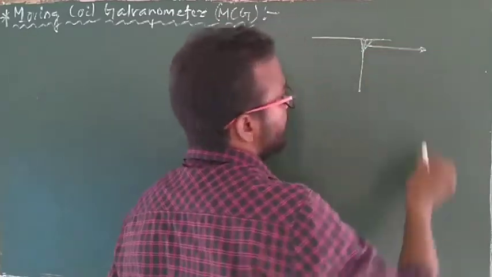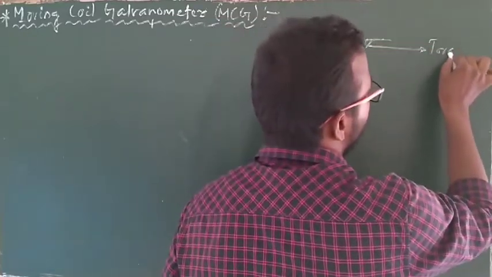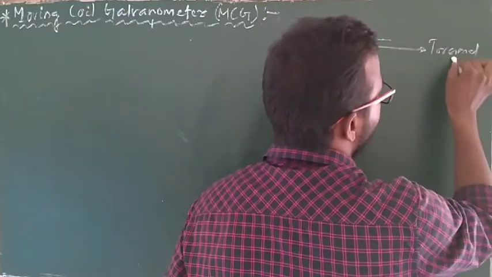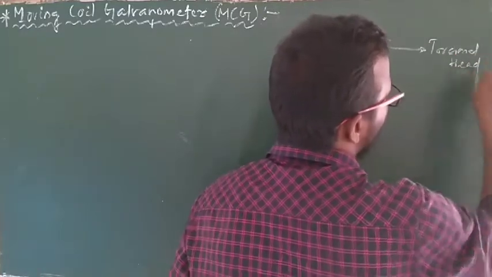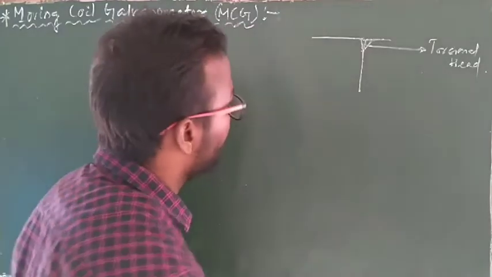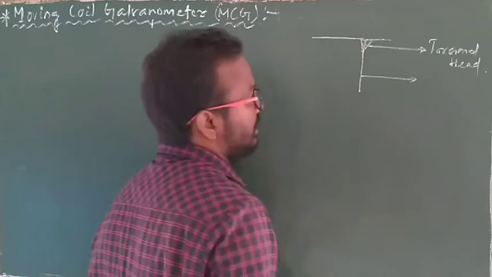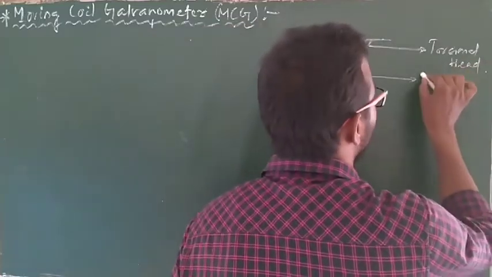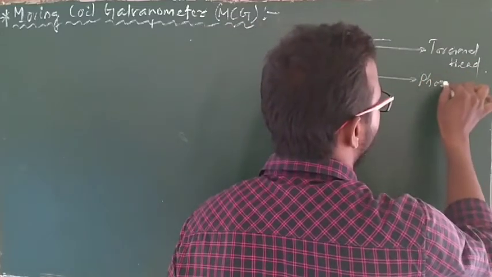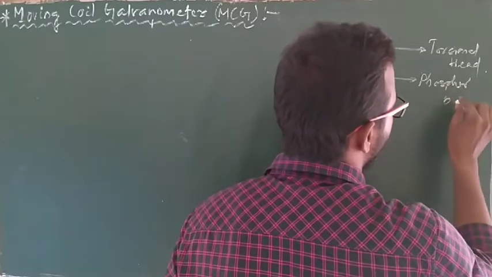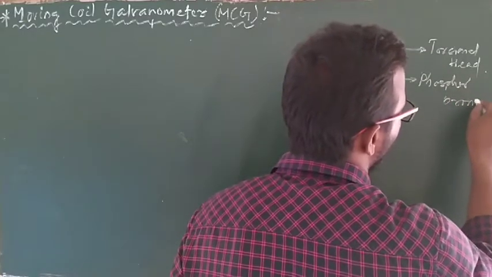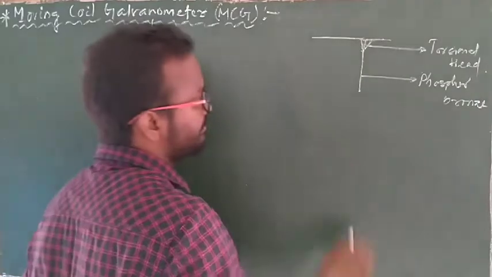This is known as the torsional movable head, and this thread is known as the phosphor bronze strip.